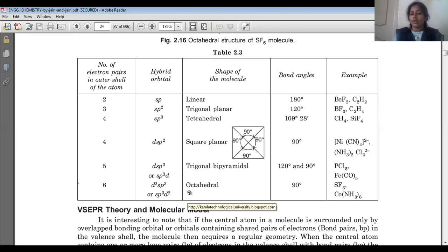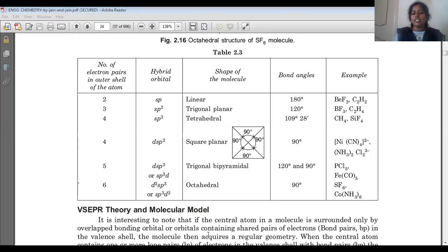Final structure will be octahedral. 4 bonds are laying in the plane and 2 bonds are axial. All the bond angles are exactly equal, 90 degrees. SF6, sulfur hexafluoride is the simple example for this octahedral molecule, and another one is Co(NH3)6. This is also a simple example for octahedral complex.